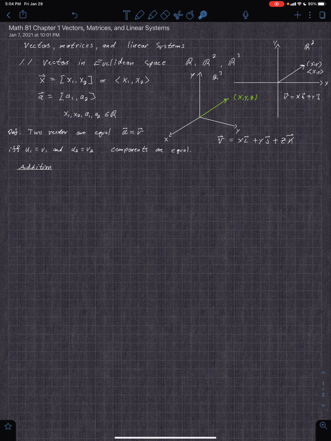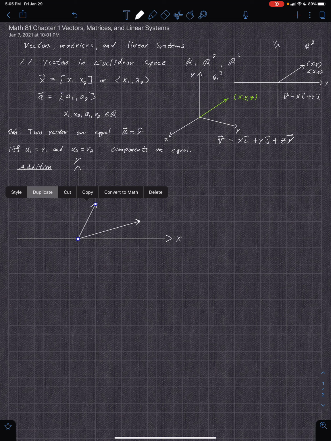Okay. So next, let's look at addition of vectors. We'll just stay in R2, although this can be extended to really any dimension. So addition of vectors looks like this. When you have a U and a V, say that's X and Y, you can make basically that parallelogram.